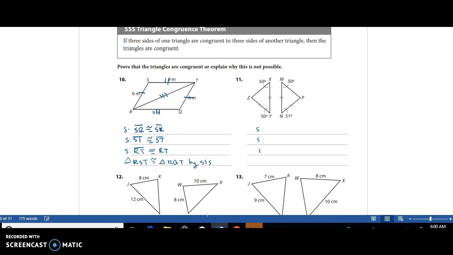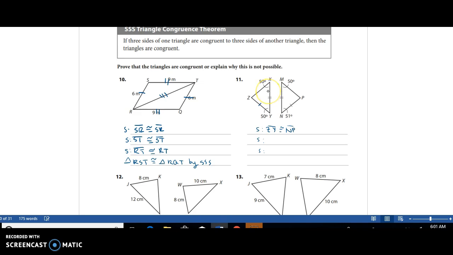Okay, this one. Let's see. We have this side is congruent to this side. So ZY is congruent to NP because of those congruence marks.